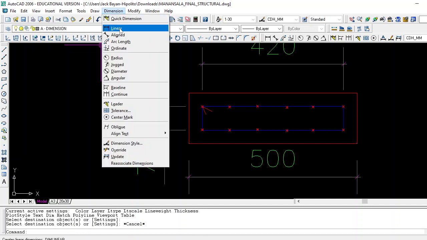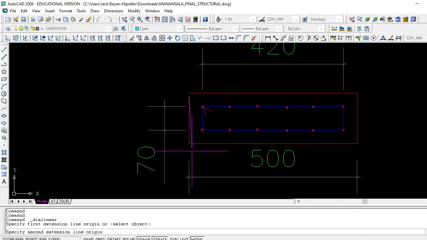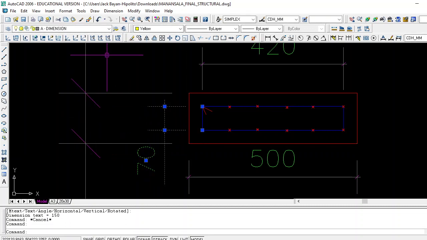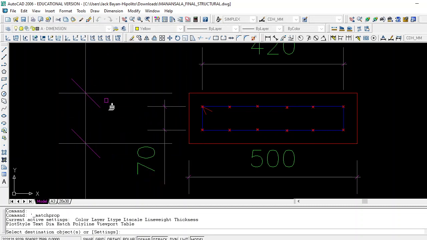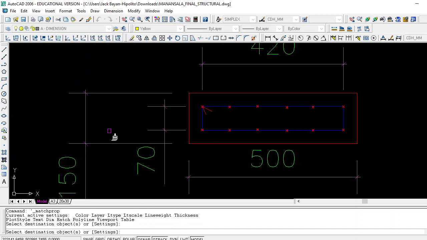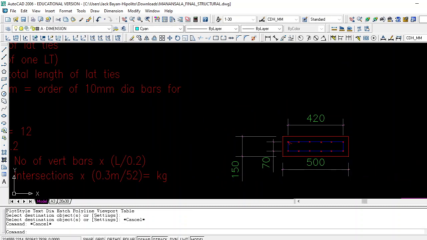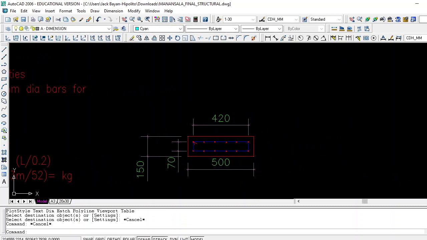teka lang, drawing na rin natin, measure na rin natin. So this is 500 by 150. So mangyayari dun sa computation nyo will be this one.